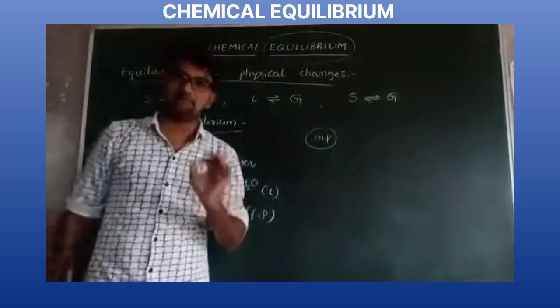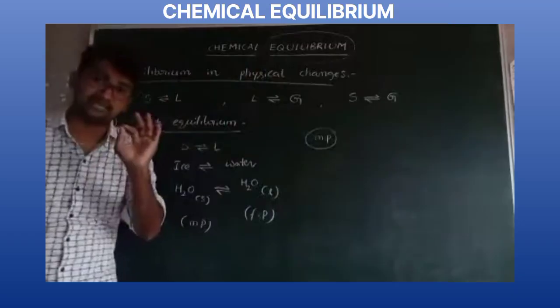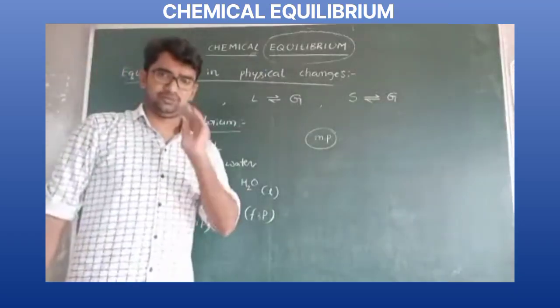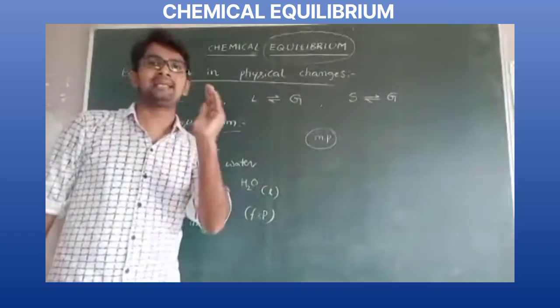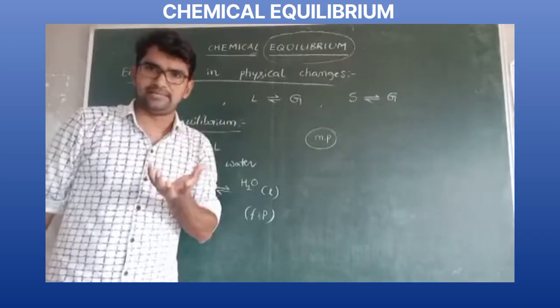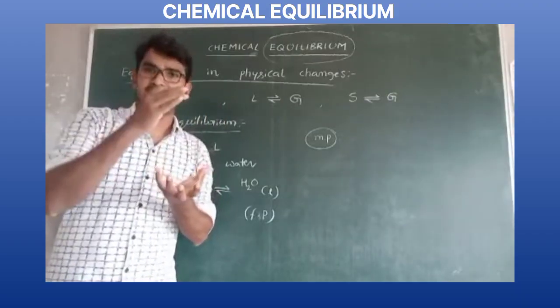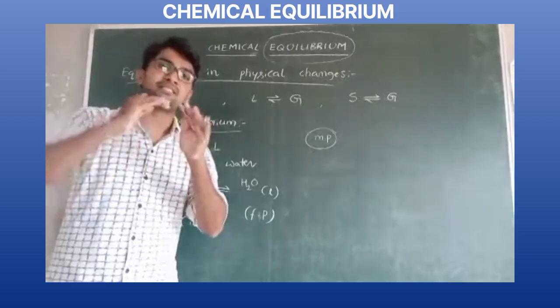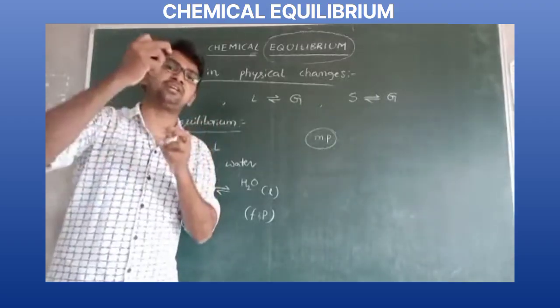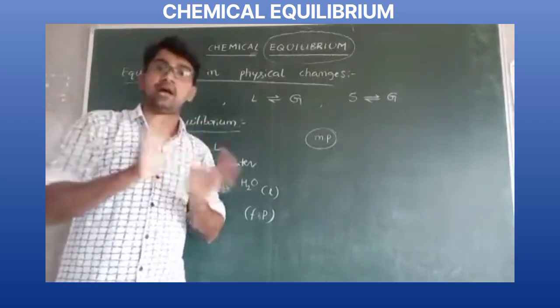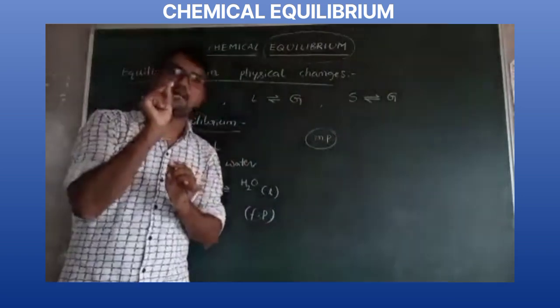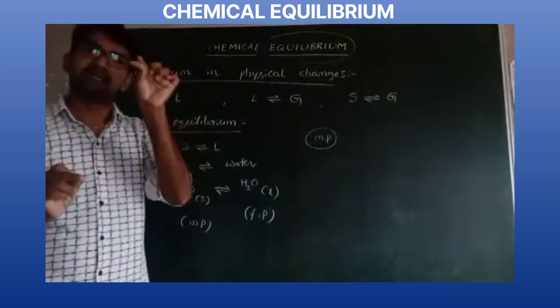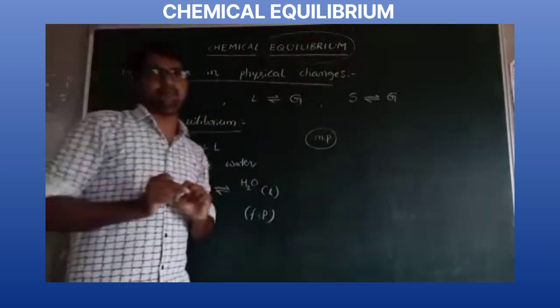Melting point means that the solid material at a particular temperature maintains equilibrium. That solid is not completely converted into liquid. At that particular temperature, the solid and liquid are both at equilibrium.